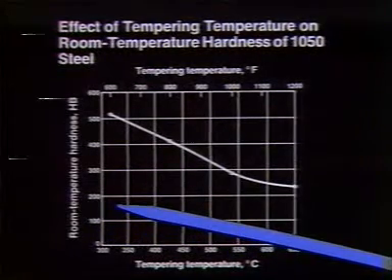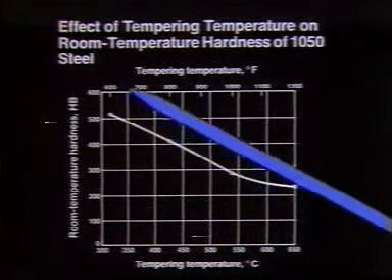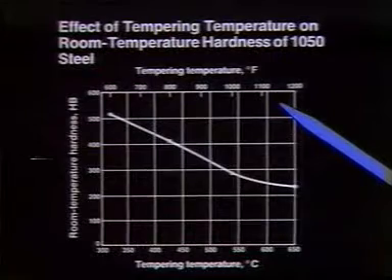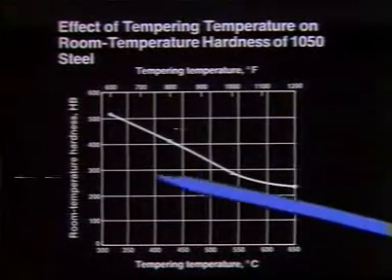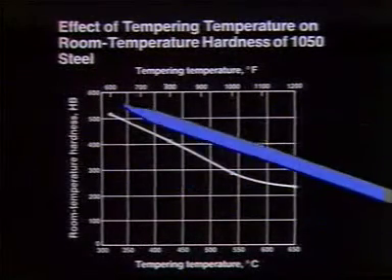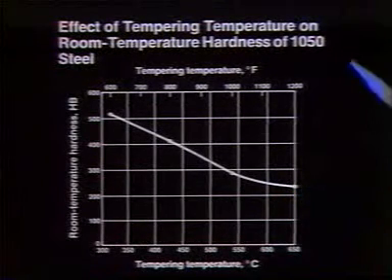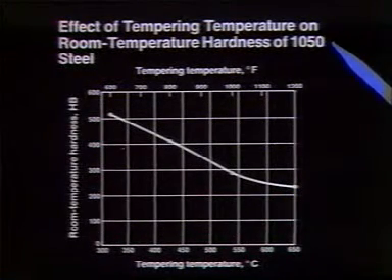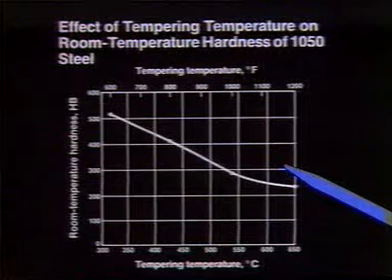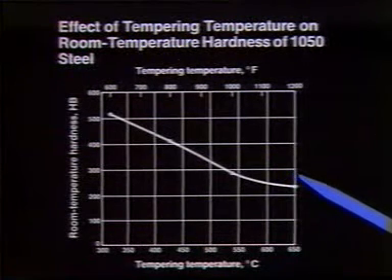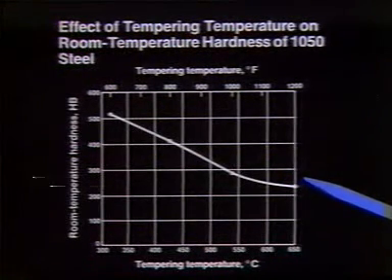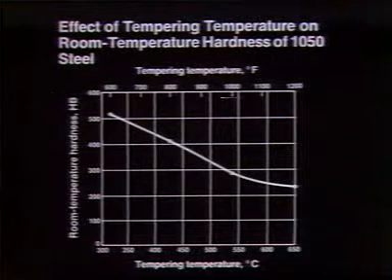As the tempering temperature goes up, the room temperature hardness of the material is going to drop down, or the tensile strength of the material is going to drop down. And this is for a 1050 steel. Obviously we can have a plot like that for every steel that we have. Every steel that we can heat treat will have such a curve.